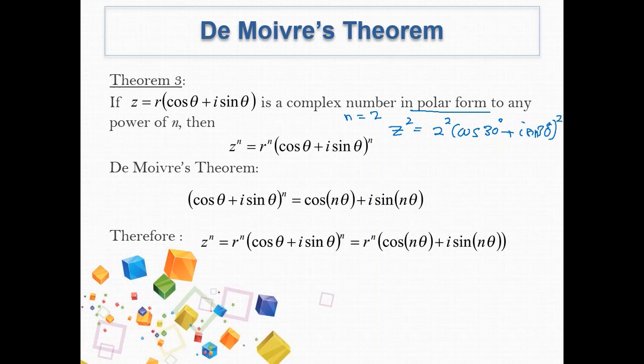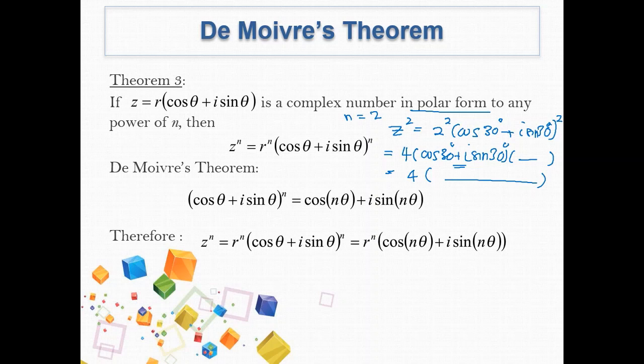If it is just a small power like 2, you can expand it as usual. 2 squared becomes 4, and then you multiply the same term 2 times, because this term is to the power of 2. So you can still expand this and perform the multiplication. It is still within your capability to do it.